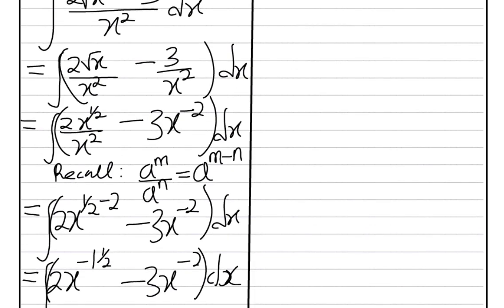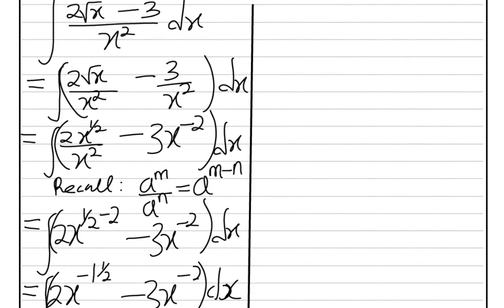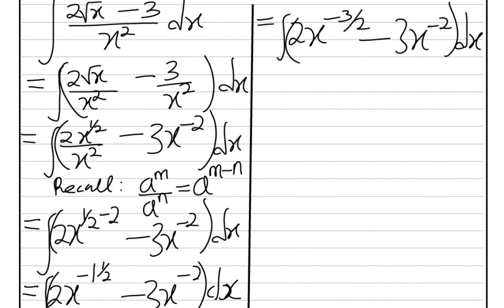So this is going to be equal to the integral of 2x raised to the power of minus 3 over 2 minus 3x raised to the power of minus 2 dx.